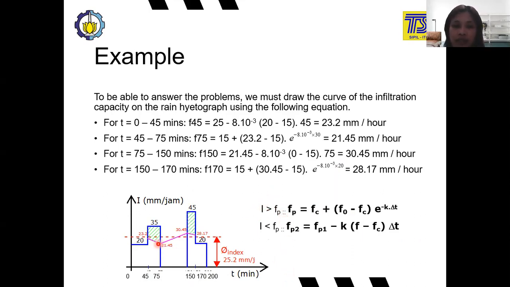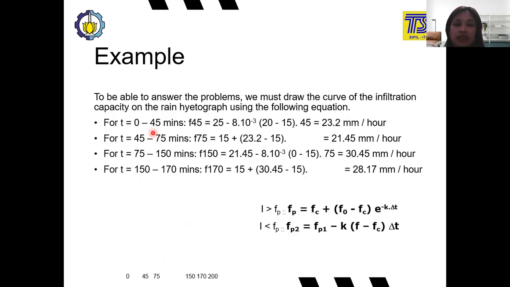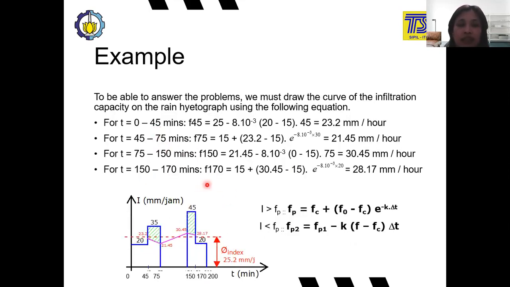The FP is already known as capacity of infiltration here, 25. So the initial is 25. For the initial infiltration of 25, we have to compare the intensity of the rainfall on each duration using the infiltration capacity for each time step.